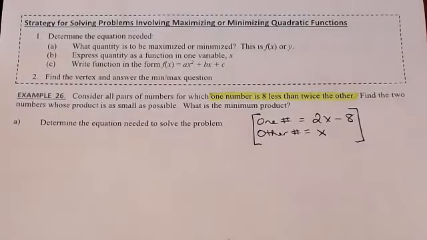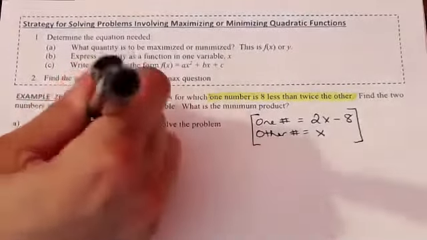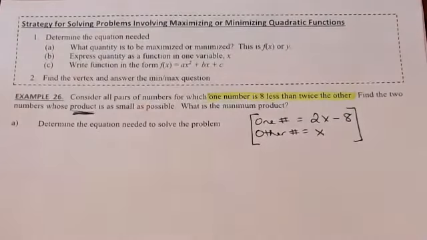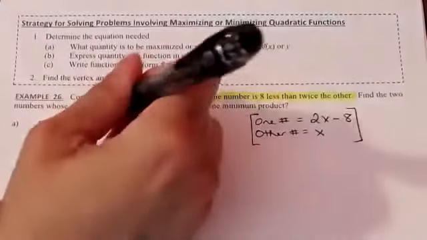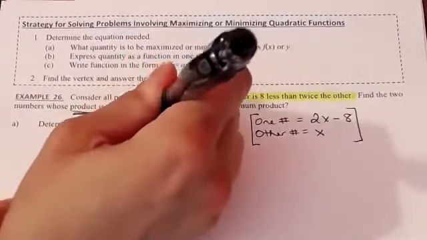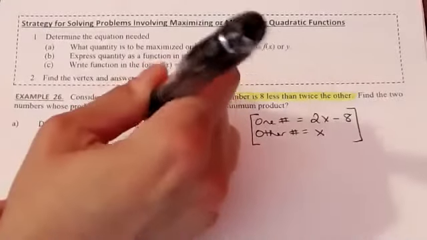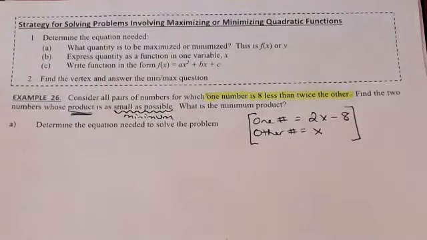Find the two numbers whose product is as small as possible. When you think of as small as possible, I want you to think minimum. That's what you're looking for. What is the minimum product? What does product mean again? Multiply. Yeah, exactly.